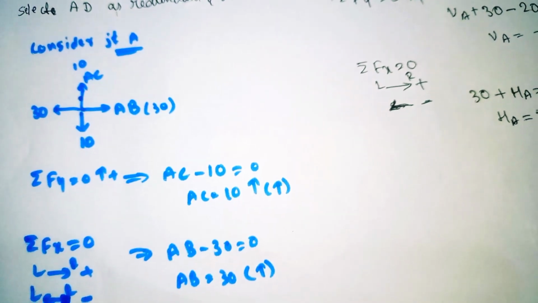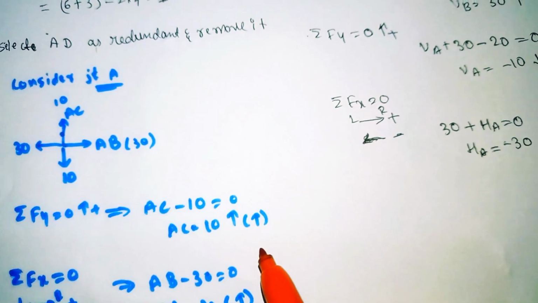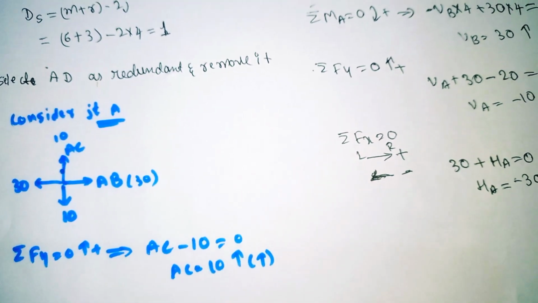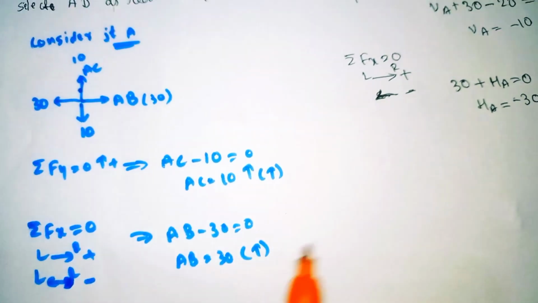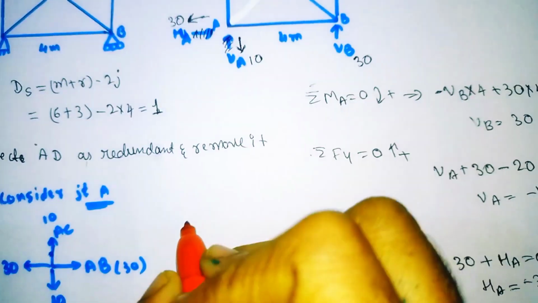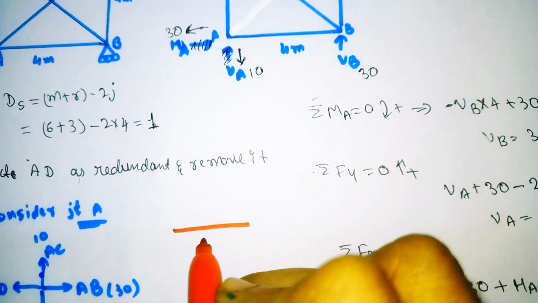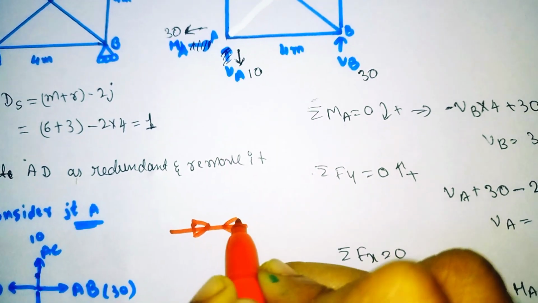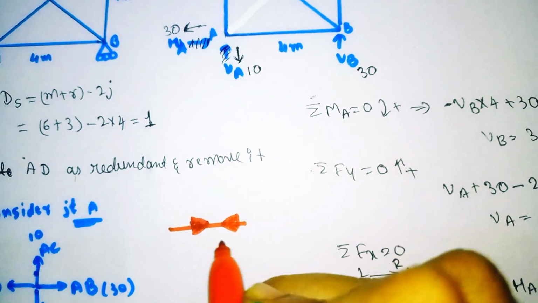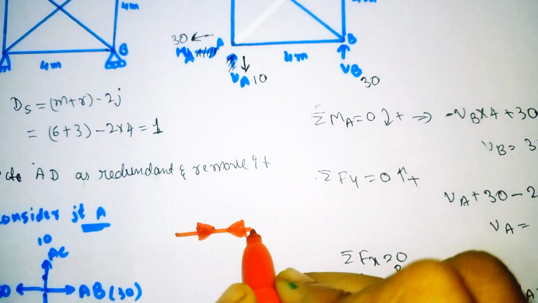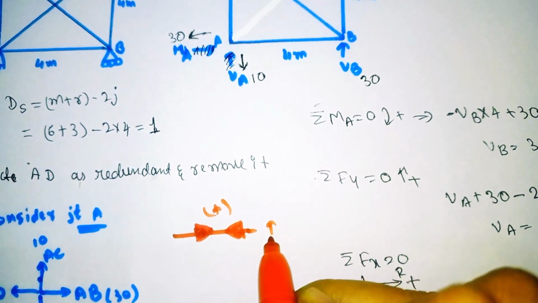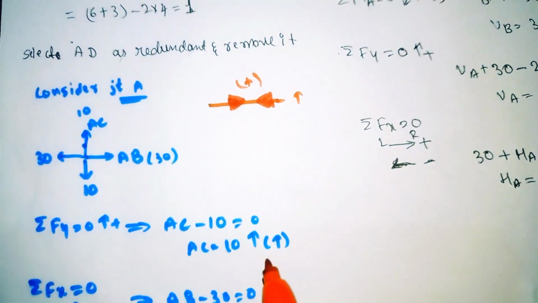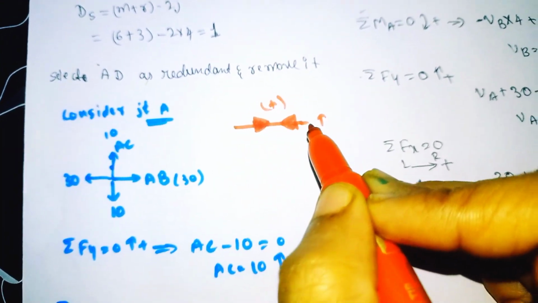So now I will tell you the sign convention of this. When you get the answer as positive, it means the member is in tension. When you get the answer as negative, I will tell you the sign convention. See here, when the forces are moving towards each other, it means it is in tension.